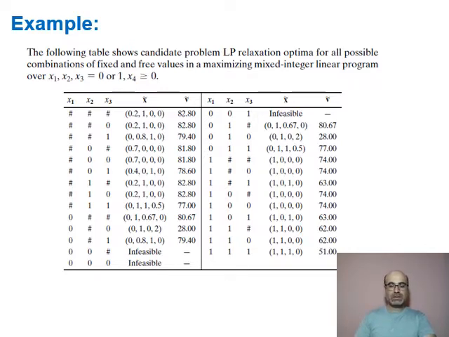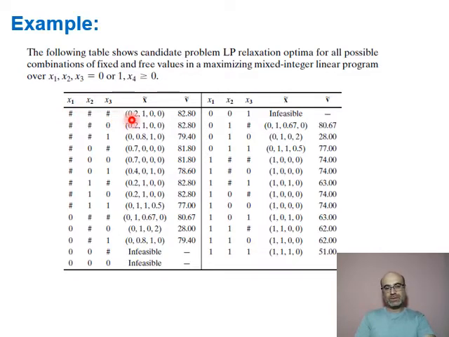Let me explain it in more detail. The first column here represents the x1 variable. The second one represents x2 and the third one represents x3. x4 is not here because it is continuous, it is not integer. In our previous example, I told you that if a variable is free, not fixed to take a value of 0 or 1, then we represent it with this symbol.